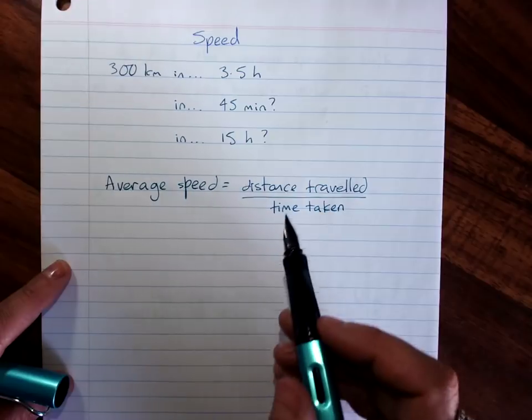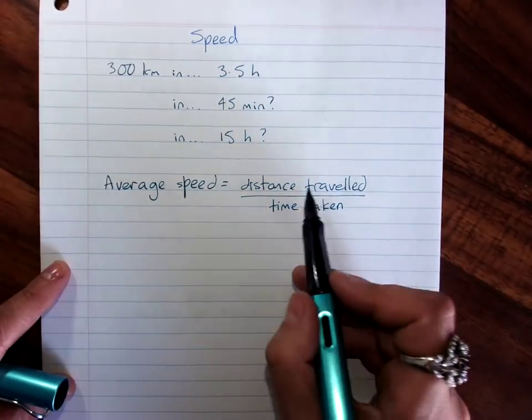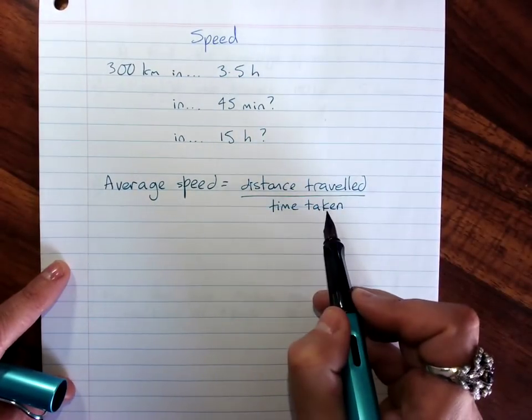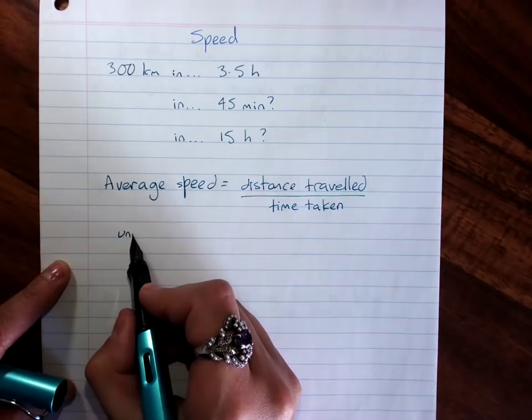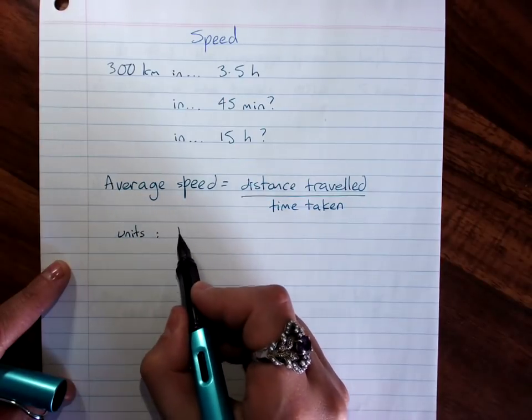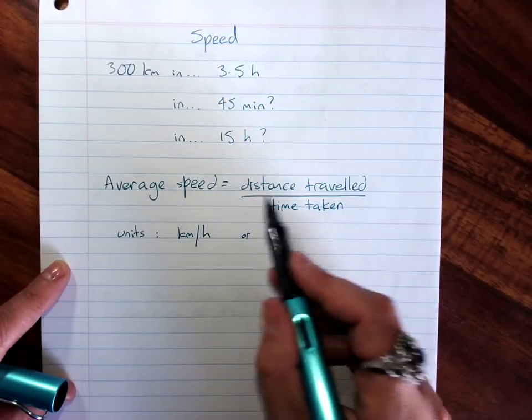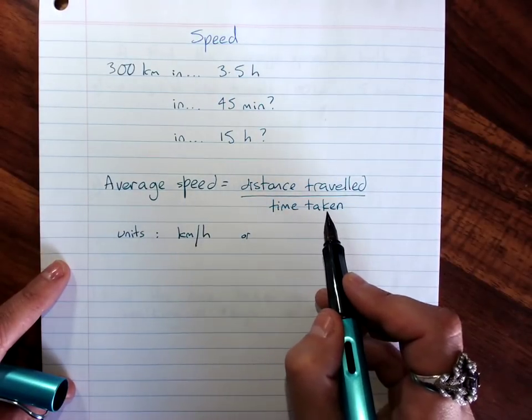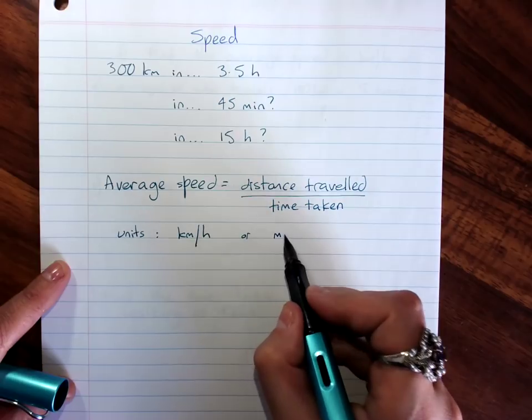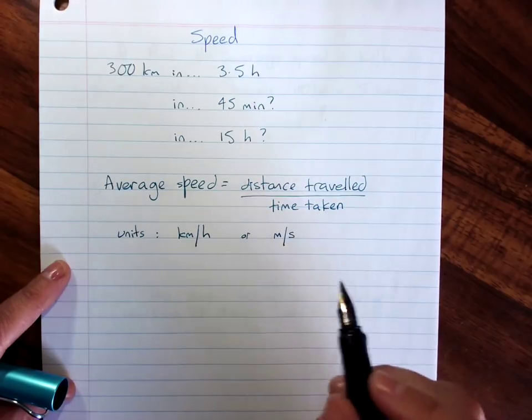And we'll usually give this in either distance in kilometres and time in hours, so we get units of kilometres per hour, or we might measure the distance in metres and the time in seconds, so we'd get units of metres per second.